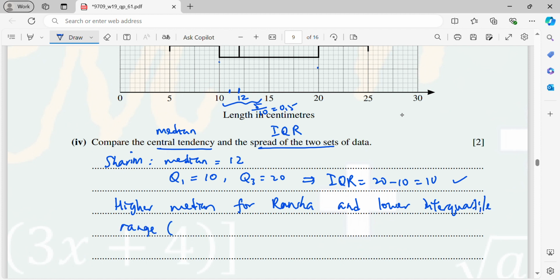I say lower spread or less spread. Okay, less spread, because the spread is measured by the interquartile range. Less spread for Ransha. Alright, so that's all for the comparison.